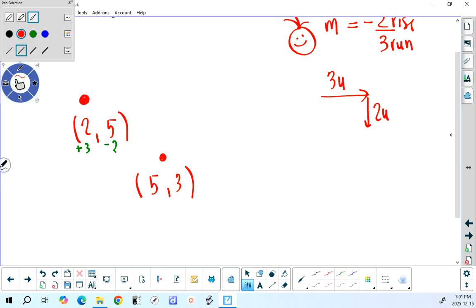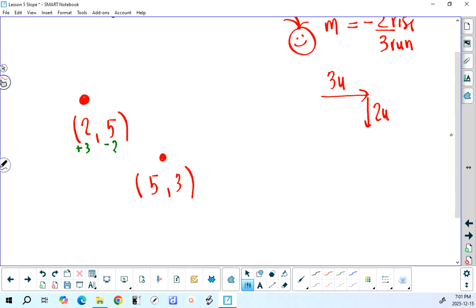Now, I'm not going to continue to draw it in a staircase fashion. I'm just going to say that if I continue to take 3 and add it to the x-coordinate, that will give us 8, and I take 2 away from the y-coordinate, that gives me 1. There's another point. If I add 3 to the x-coordinate, that makes it 11. And I take 2 away from the y-coordinate, that takes me to -1.